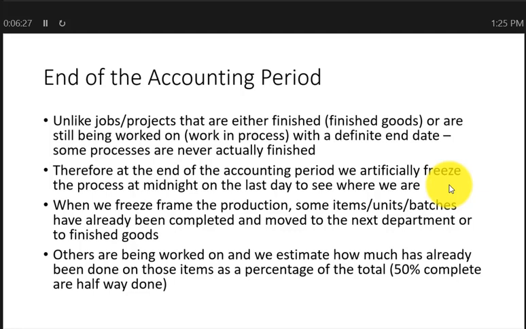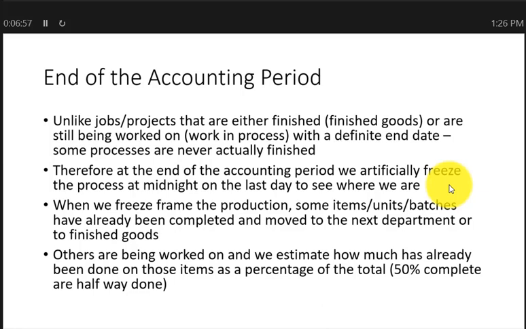So some stuff is all done. When we take that snapshot or freeze frame, that has already been completed and is moved to the next department or to finished goods. Okay, so those that have been completed are moved on. But what we need to do is focus on the stuff that's in process, being mixed, being baked, being whatever at the time that we stop.